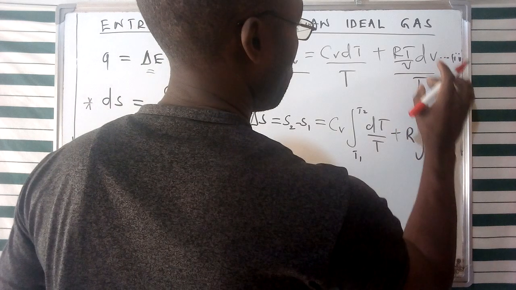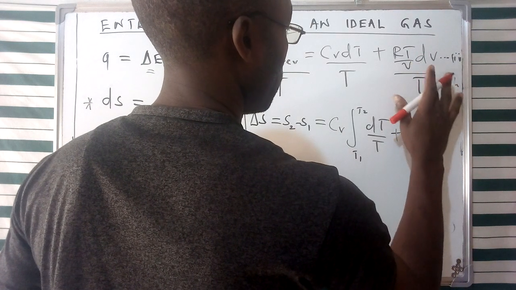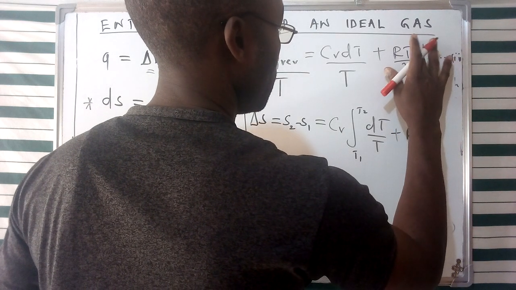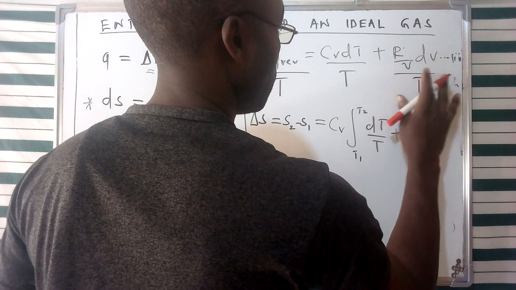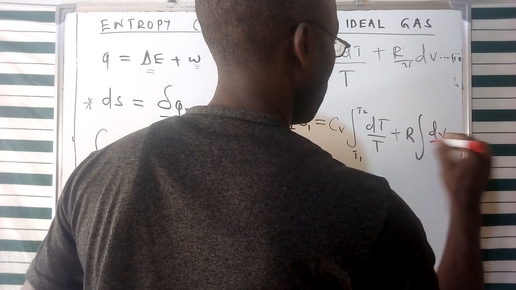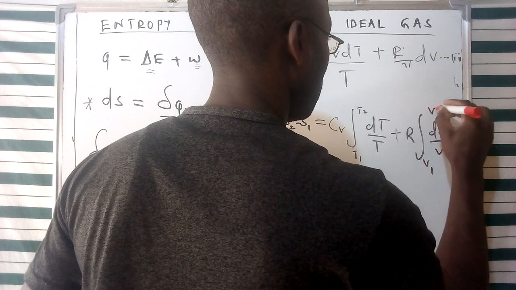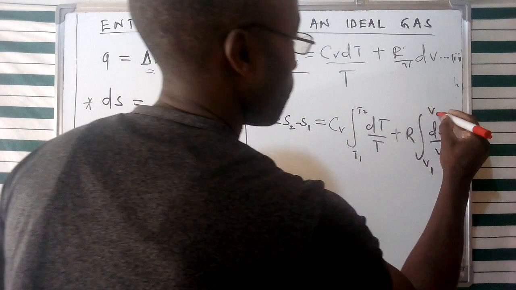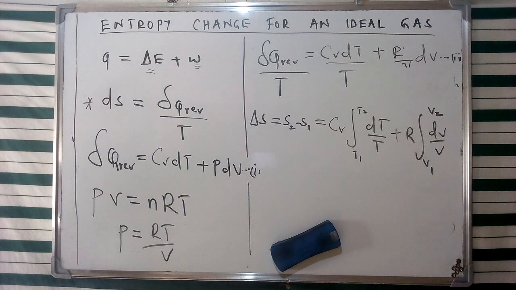Remember, this T is going to cancel out with this one, so we're going to remain with this version. We just transform it using this, so we're going to remain with this version of the equation. So we're going to have dV over V from V1 to V2, given as such.